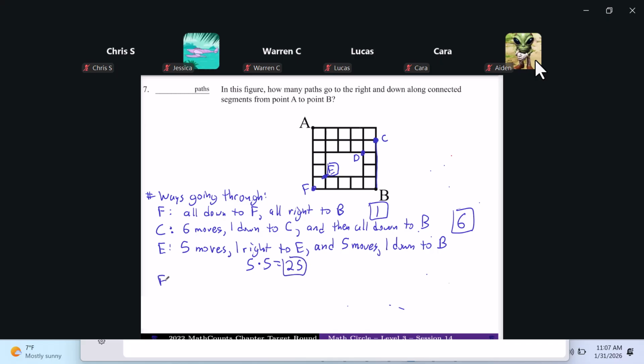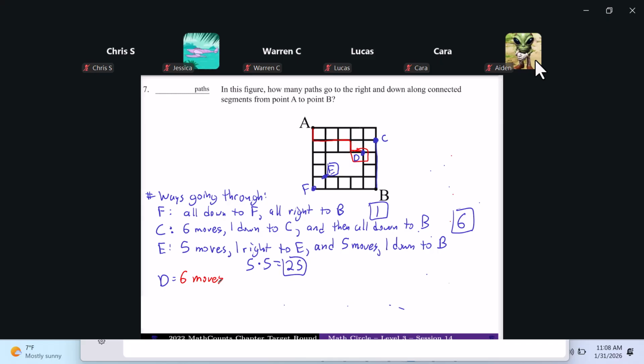For D, this is the one that's probably more complicated, because there are a little bit more options here. You could go down first, then over to the right a few times, and then down again. There are two different down steps that we're going to have. So if I'm tracking this, I have 1, 2, 3, 4, 5, 6 moves.